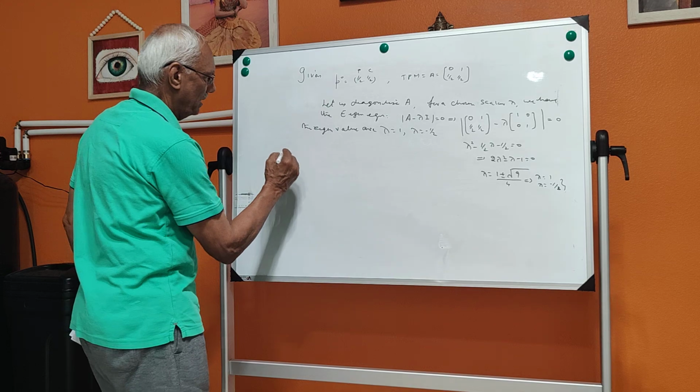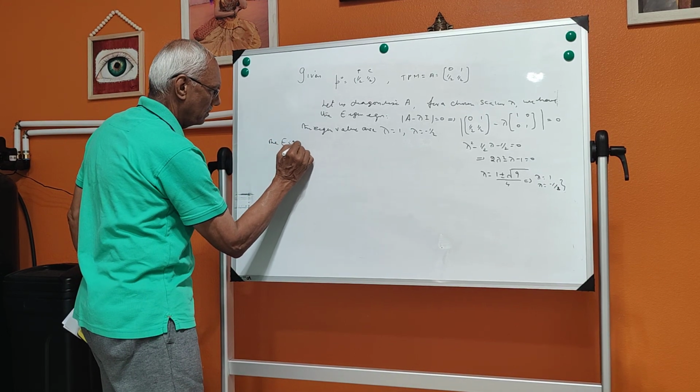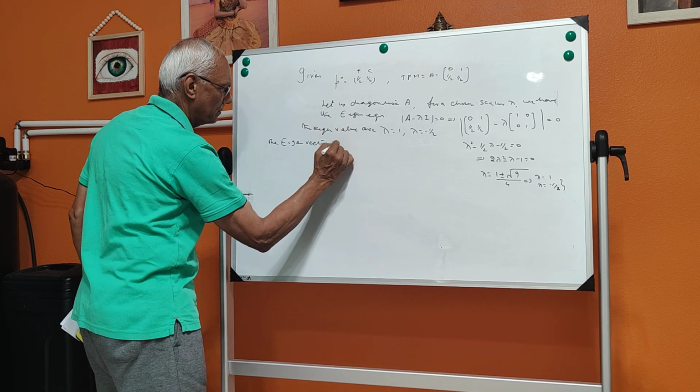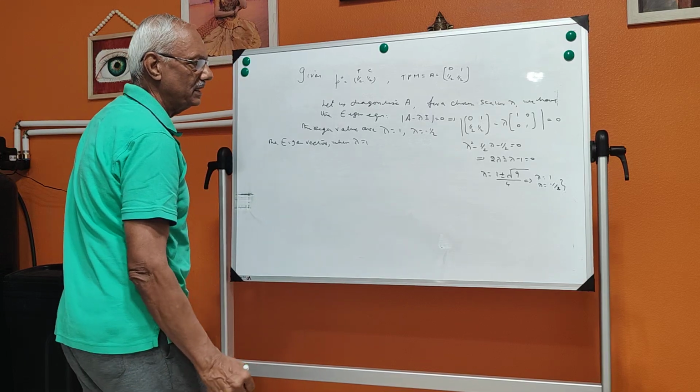Now the eigenvector when lambda is equal to 1. How do you calculate this?